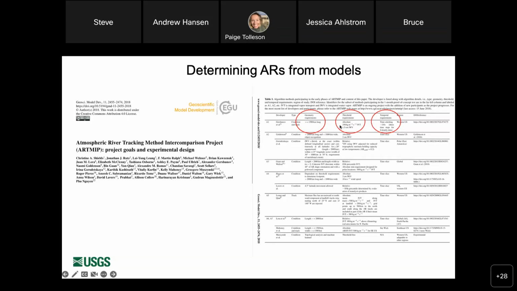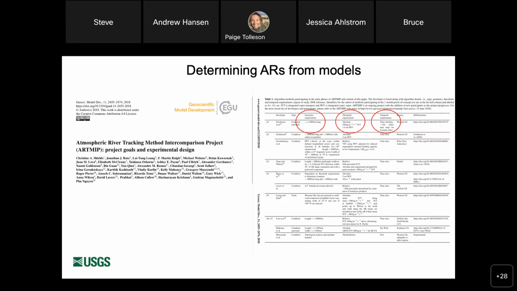And I've just shown you here that there's all kinds of things that need to be addressed, from the geometric requirements, like they have to be a certain length long, there has to be a certain threshold value for integrated vapor transport as it arrives on the coast, and there has to be some kind of temporal requirement as well, if you remember the chart.